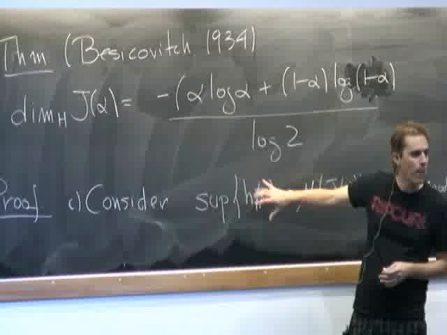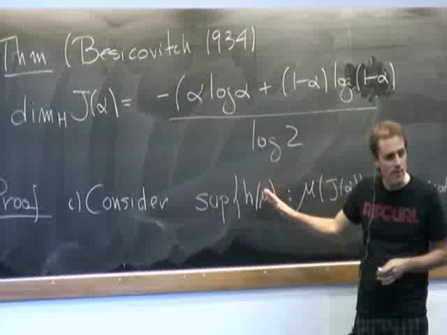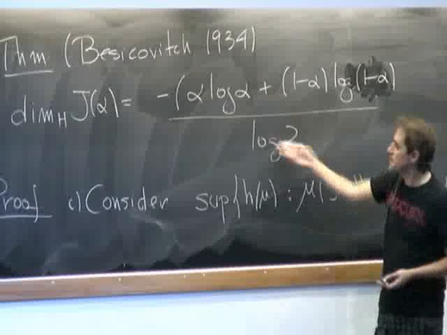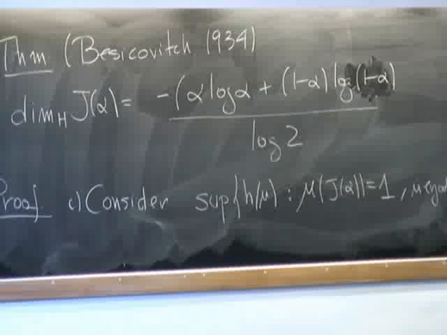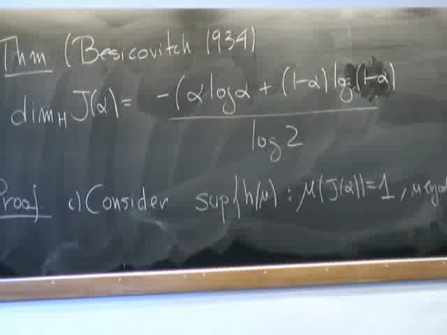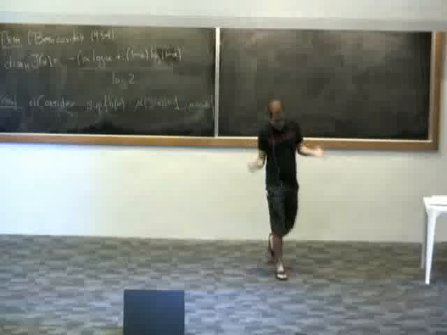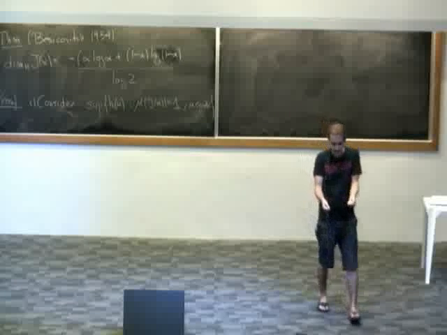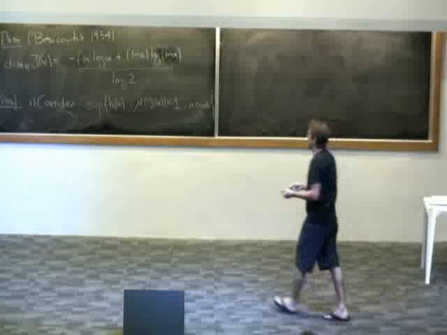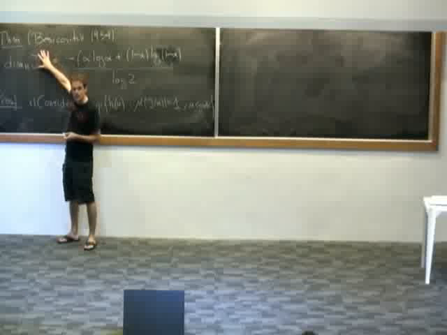I could have replaced here, instead of entropy of a measure, the Hausdorff dimension of the measure. But I don't want to define more things, and in this case, the Lyapunov exponent is constant, so there's no need to do that. Well, this is what I want to estimate, and the strategy is pick up measures that are supported on that set and compute its size. If you maximize this, there's a good chance that you could actually estimate the size of this set.